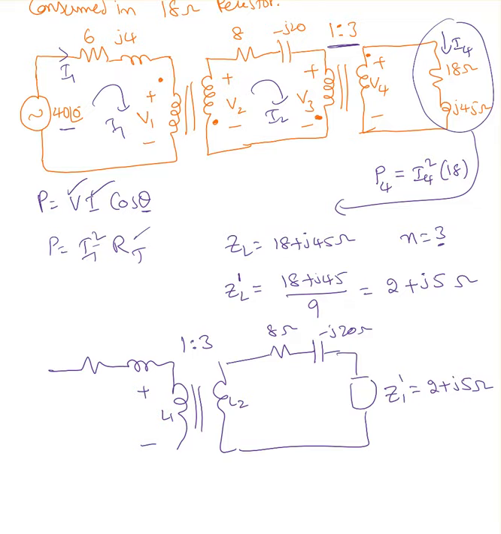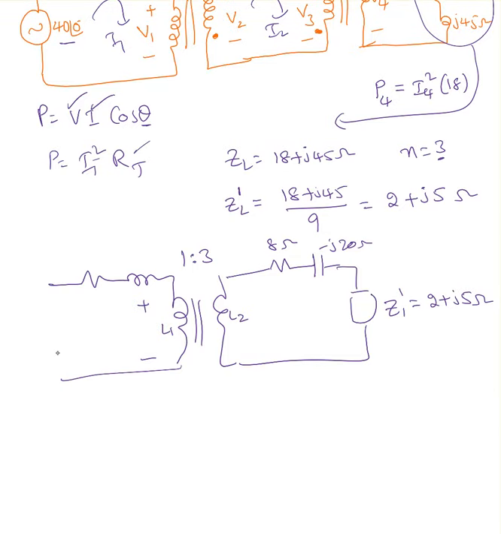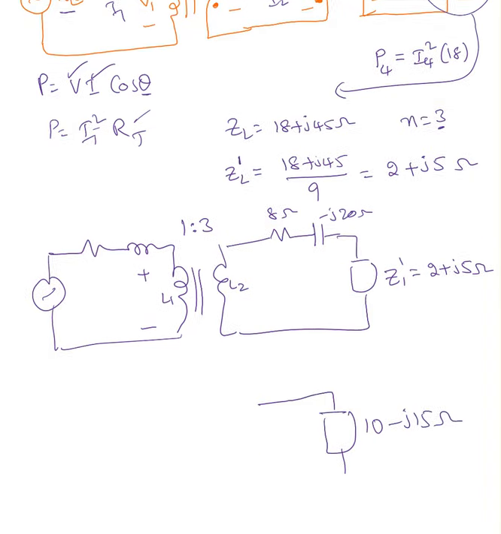So now we can eliminate that transformer because it's already transferred. Now I can add these two. When I add them, the total is going to be 8 plus 2, 10, minus j20 plus j5, minus j15 ohm. That's the impedance there.